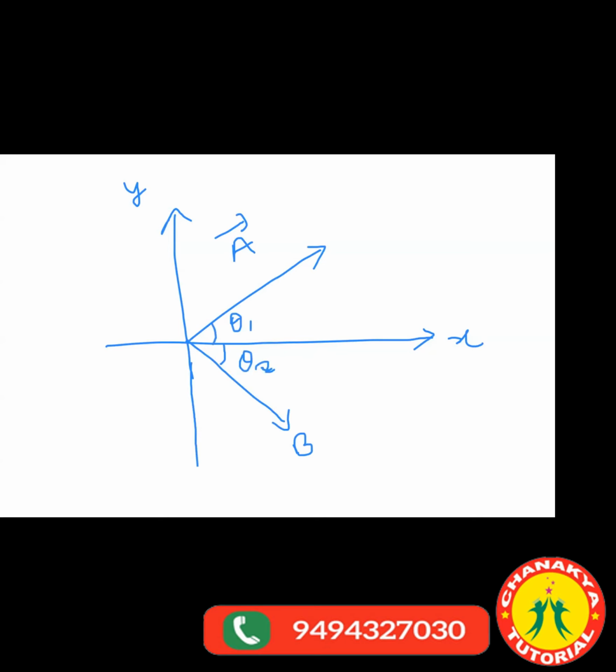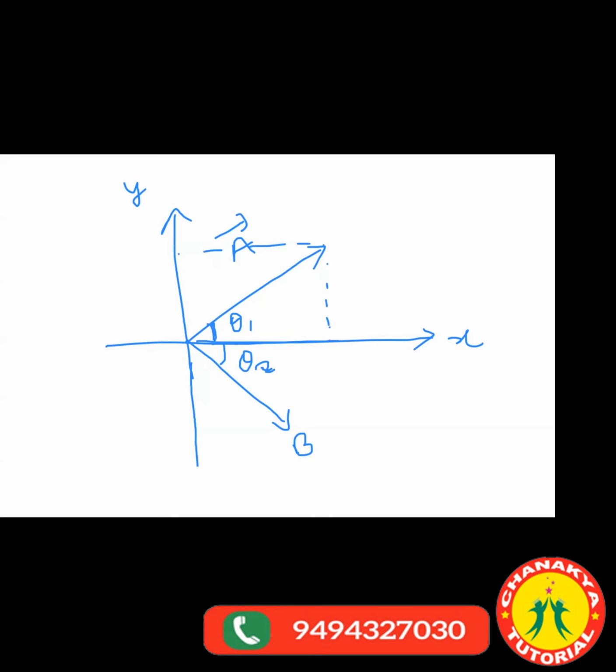The best rule is, you divide the A vector into components. Dividing into components means breaking the vector into two parts. I want to break this A vector in the x-axis direction and in the y-axis direction. So you need to remember that along with theta, the component is always cos theta.